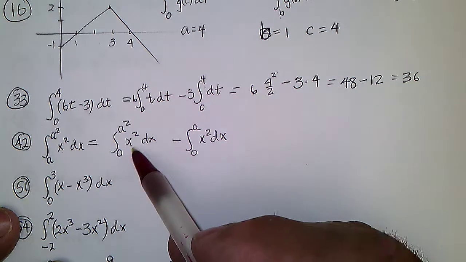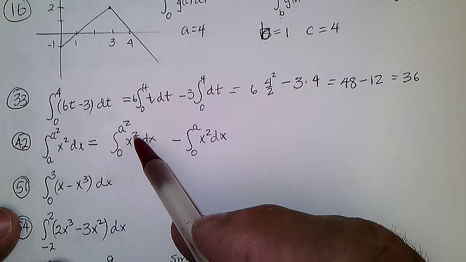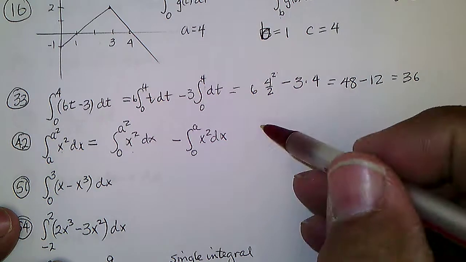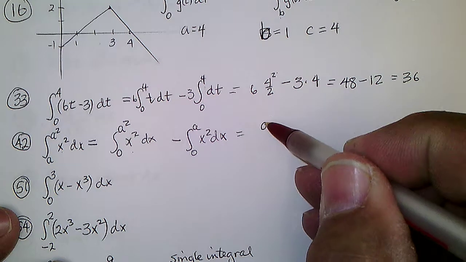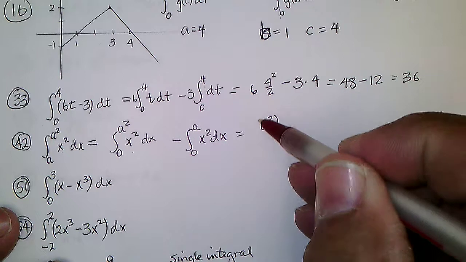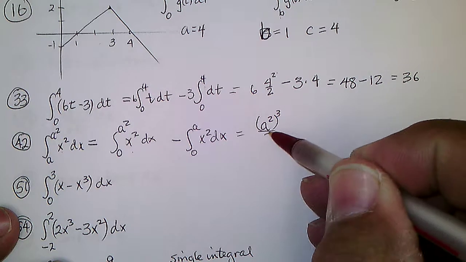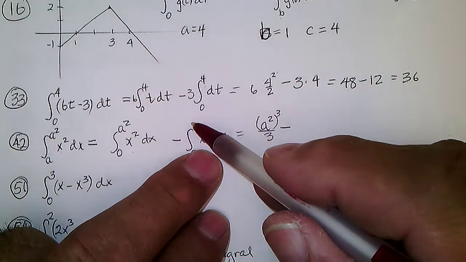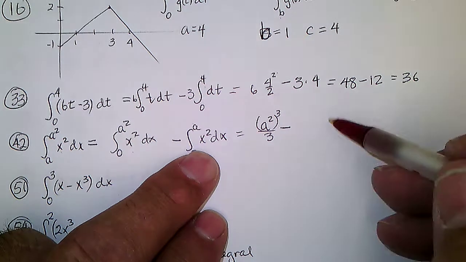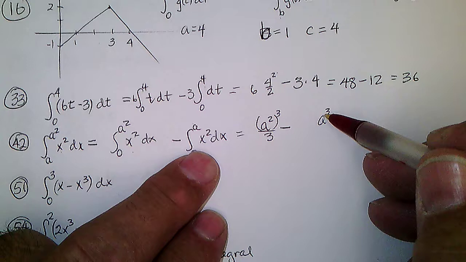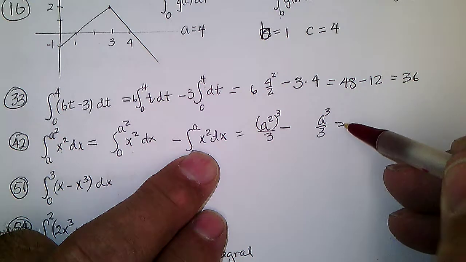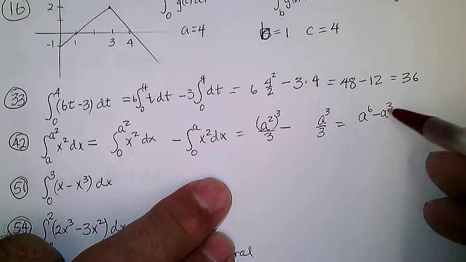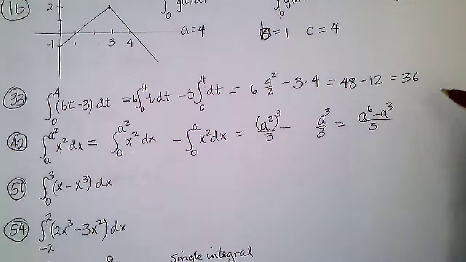And so the rule for x squared is it turns to x to the third over 3 with a squared in there. So it'd be a squared to the third over 3 minus, the same rule but now with just a in there, a to the third over 3, which is a to the sixth minus a to the third over 3.